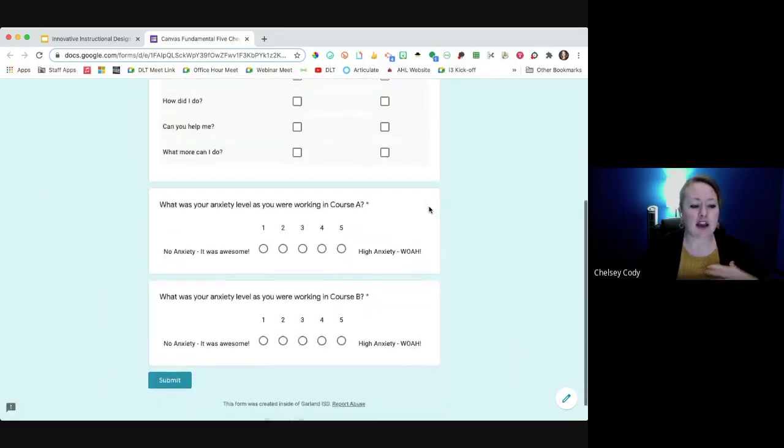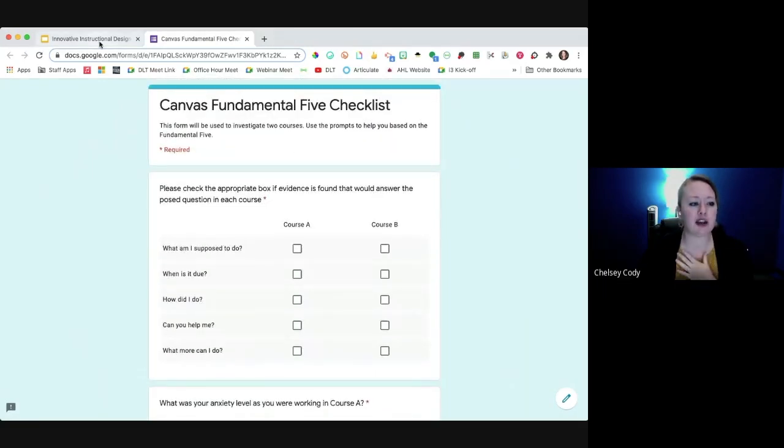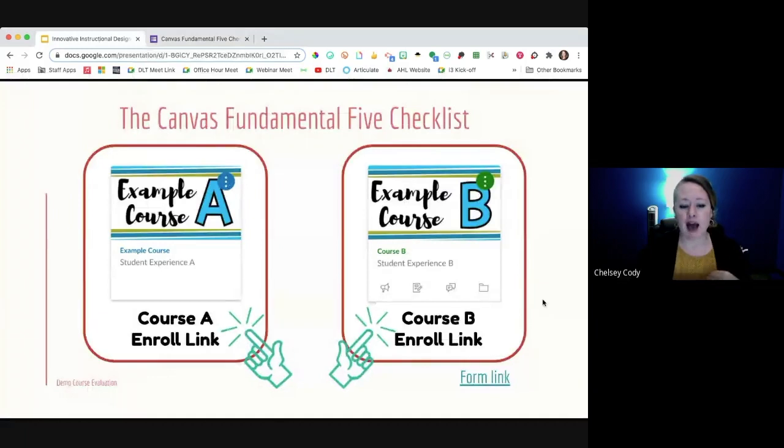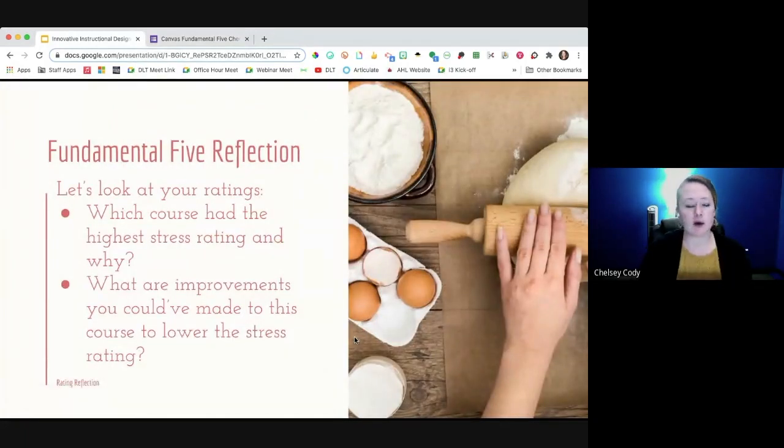And then you're going to rate your anxiety in both courses. When you are done with the rating, you're going to come back and use these reflective questions to think about what you answered. So, which course had the highest stress rating and why? You don't have to turn this in to me anywhere. I can guess which course is going to have the highest rating because I designed them, but I want you to think about it.